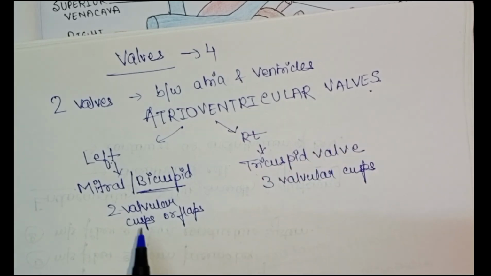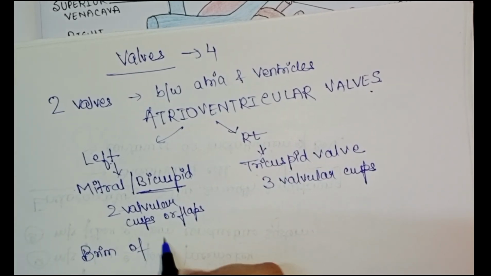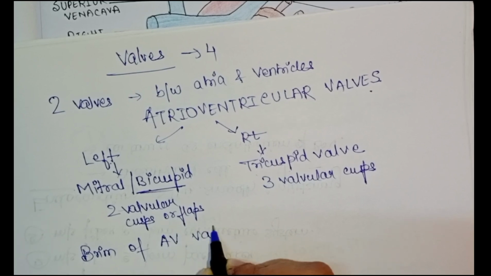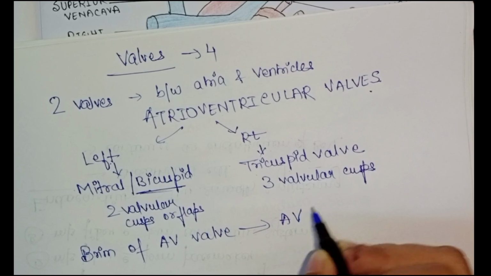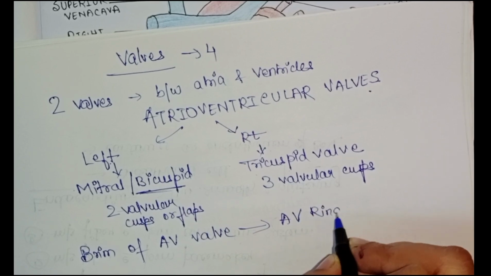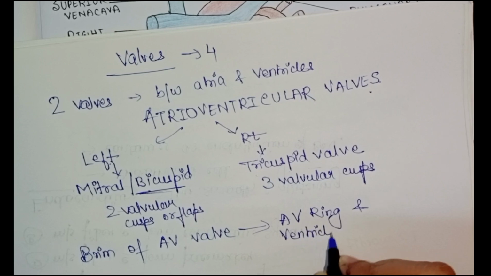The brim of the atrioventricular valve is attached to the atrioventricular ring and ventricles.